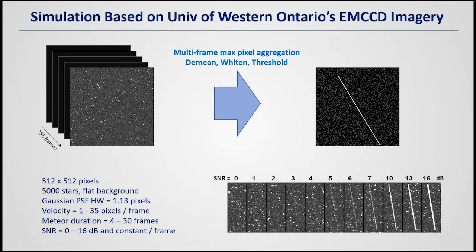We simulated meteors with motion of 1 to 35 pixels per frame and a meteor duration that could last anywhere from 4 up to 30 frames. And it had a variable SNR, and you can see what the SNR levels look like in terms of visualization of the meteor tracks there in the lower right.